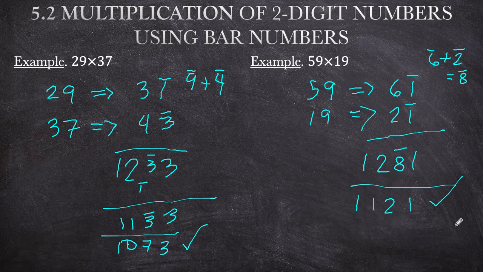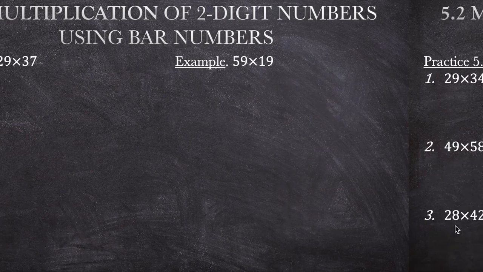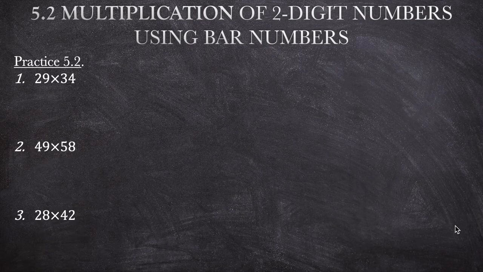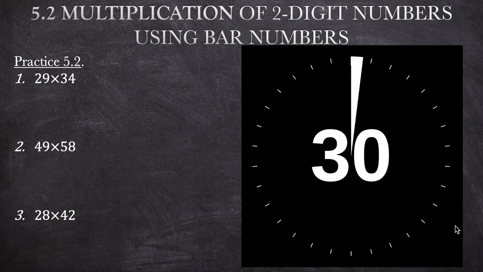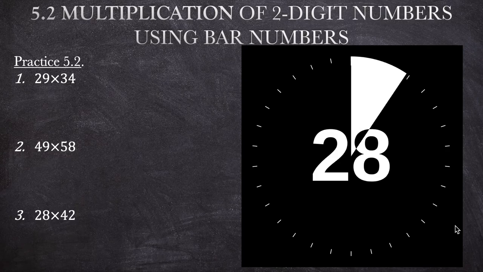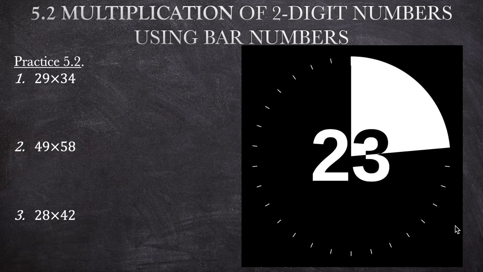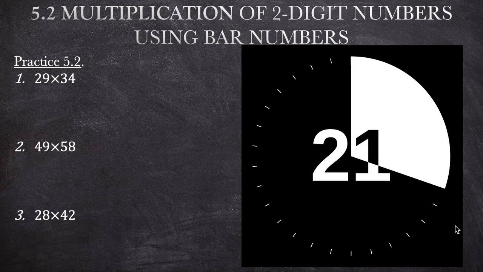Okay, carry on. Let's have more practice here. You may pause the video for this. Do the indicated operations making use of bar numbers. I'm going to give you 30 seconds for that. You should be finishing number 1 right now.